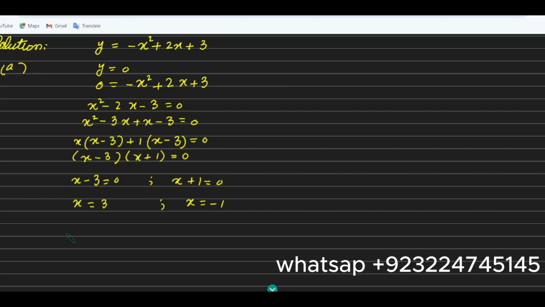Now we place the values of x in the given equation, which I call equation 1, to find y. For x equals 3, y equals minus x squared plus 2x plus 3. In place of x, I write minus 3 squared plus 2 times 3 plus 3.